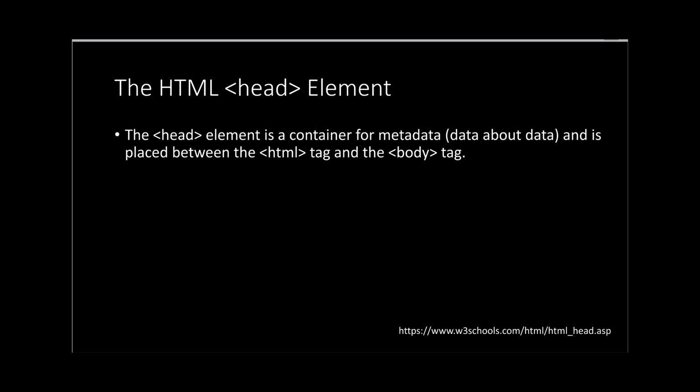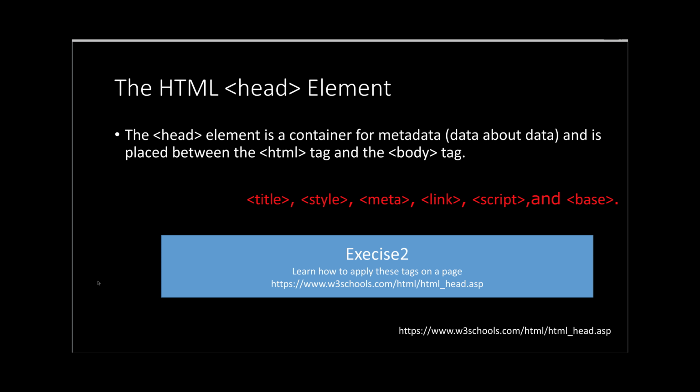It means data about data, and it's placed between the HTML tag and the body tag, just like we've seen in the previous slide. Now, what are the things that you place inside the head? We have used the title already, I showed you an example of that. Or you could use style inside the head, or meta, or link, or script, or base.